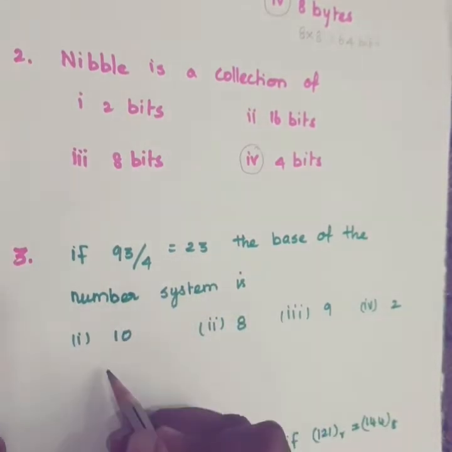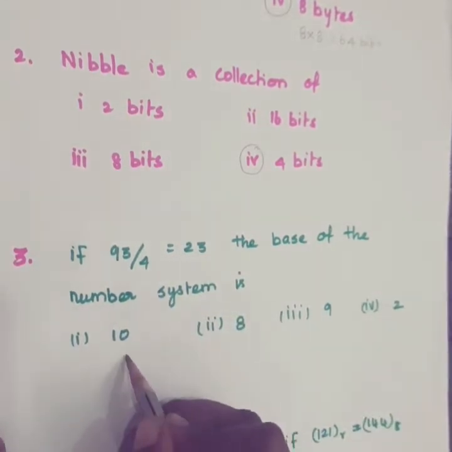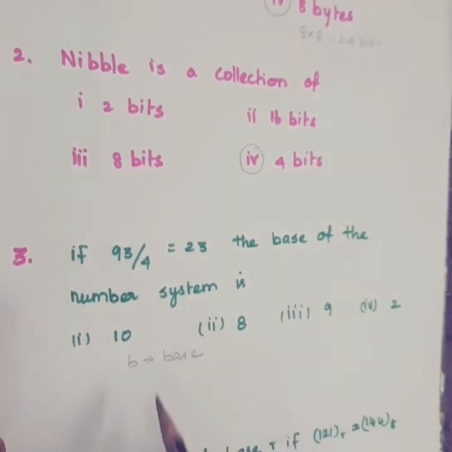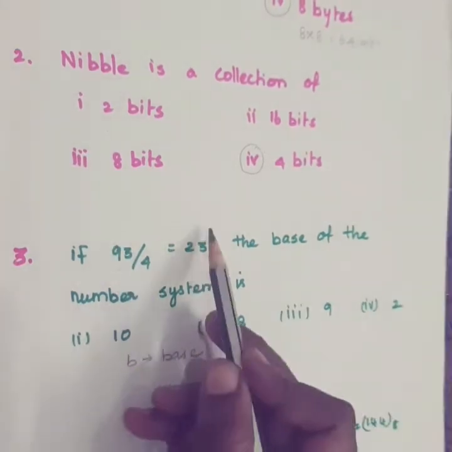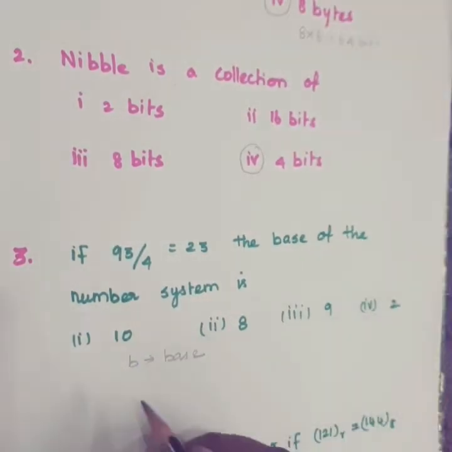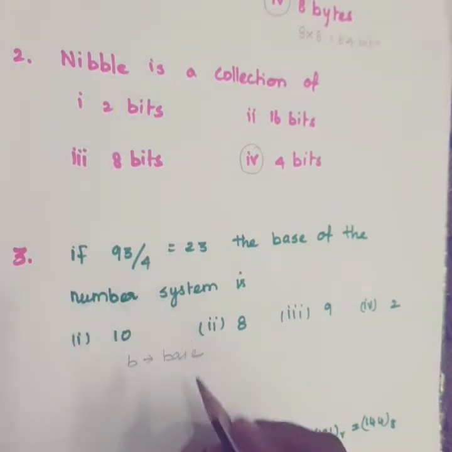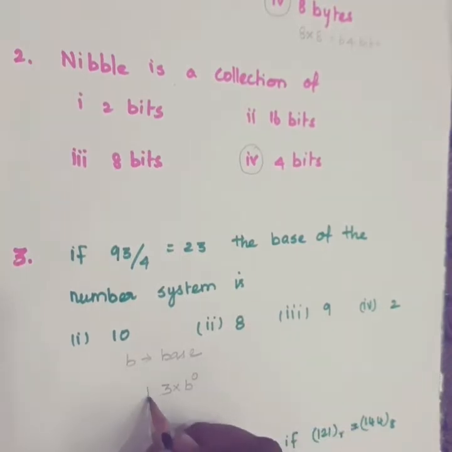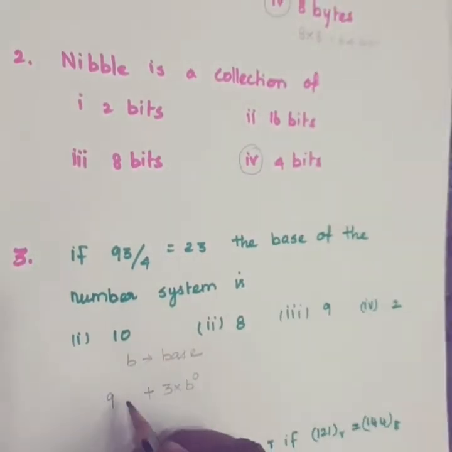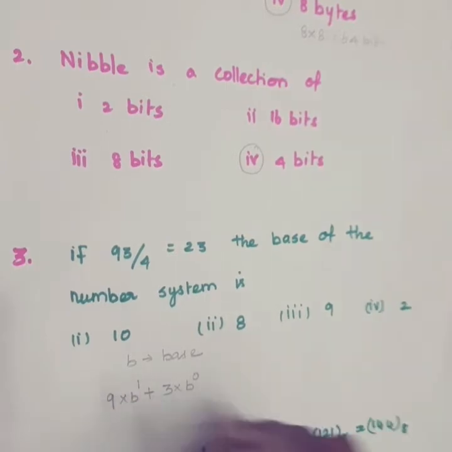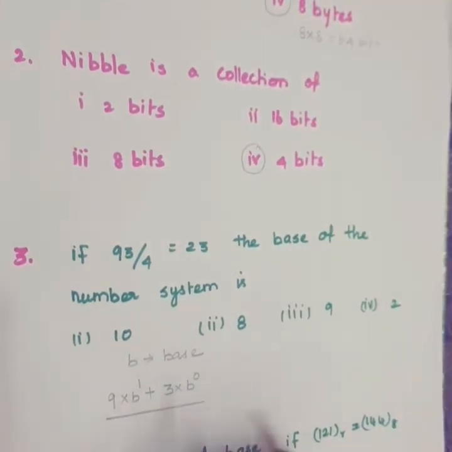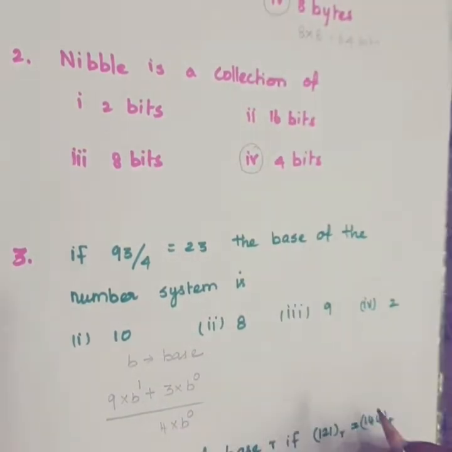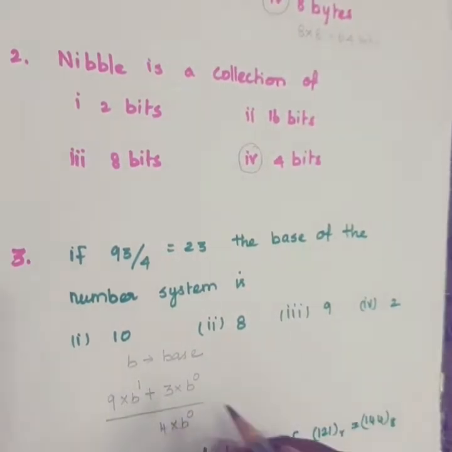So take the base of this number system as B. Using this base, expand this equation. 93 can be written as 3 into B power 0 plus 9 into B power 1, divided by 4 into B power 0. That is, I am using the weight of those positions.